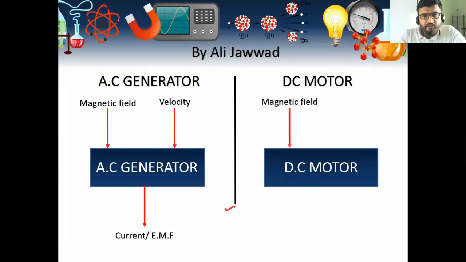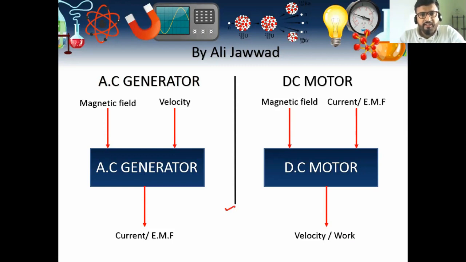While in a DC motor, we provide a magnetic field and we provide current. So we provide electrical energy to the DC motor and then we try to collect work from it so that it rotates to push the fluid through the pipelines, and DC motors are used in the construction of pumps.